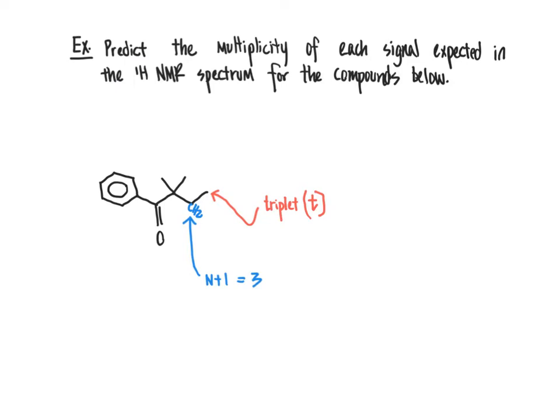So we can plug in n equals 3 vicinal hydrogens plus 1, which gives us a grand total of 4, and 4 represents a quartet. So we'll fill in here the term quartet, or Q for short.